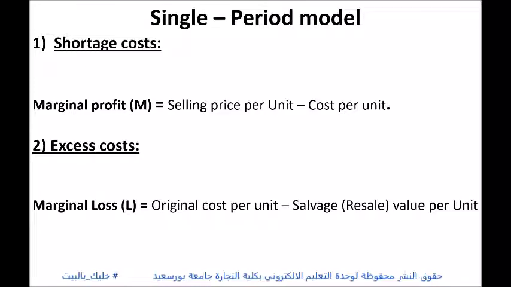We use marginal profit to calculate shortage cost. Marginal profit is equal to selling price per unit minus cost per unit. Secondly, excess cost refers to the items left over at the end of the period. Marginal loss equals original cost per unit minus salvage value per unit.